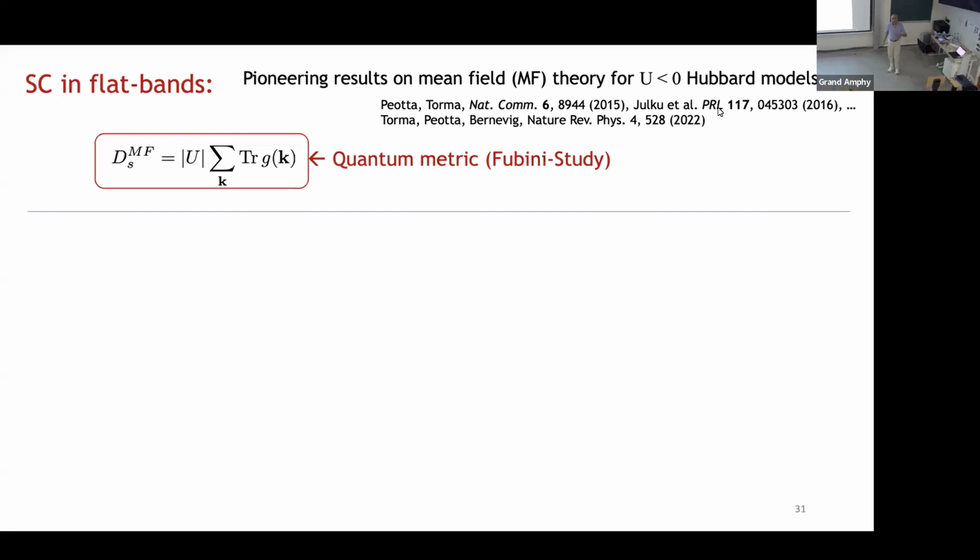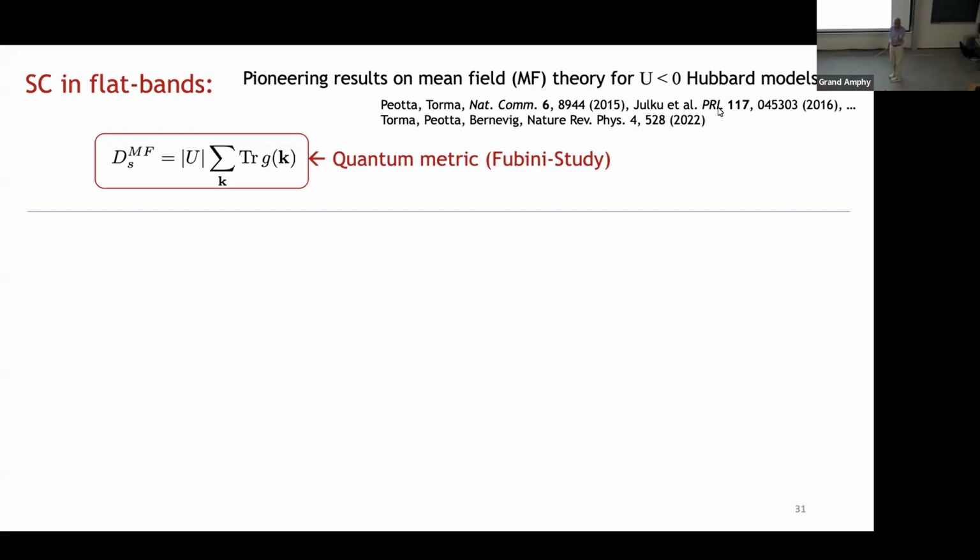Okay, so now come back to superconductivity in flat bands. There was pioneering work done by Päivi Törmä, who did a BCS mean field calculation for flat band superconductors of an attractive Hubbard model in completely flat bands. She and her colleagues showed that the mean field superfluid stiffness is U times the trace of the quantum metric.